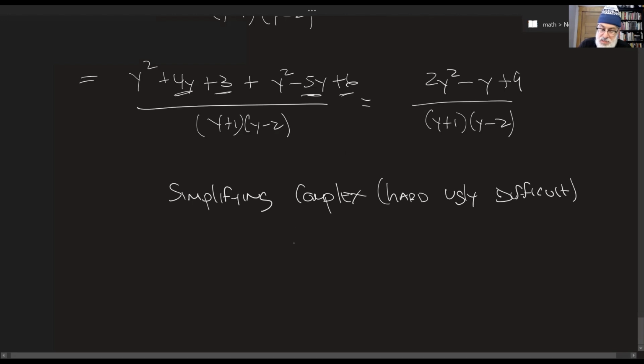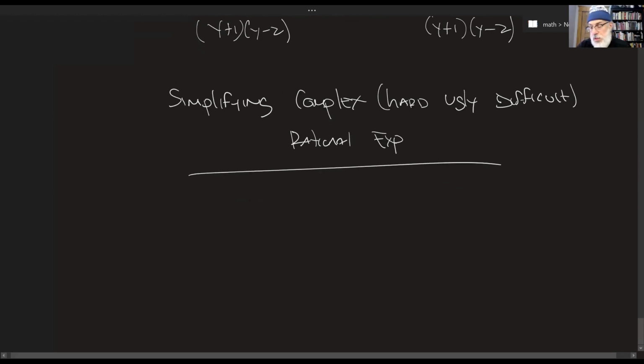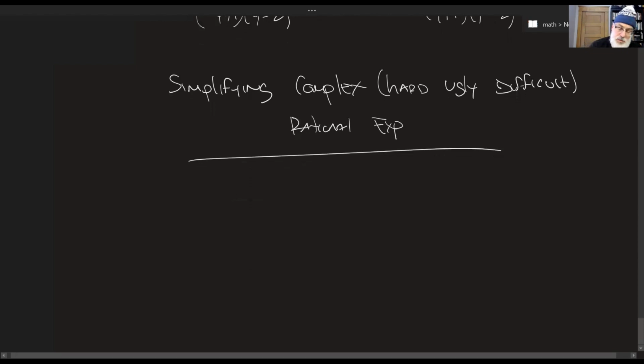Simplifying complex rational expressions means we're just going to look at expressions that are hard or appear hard, appear ugly. And to get us off on the ugly bat here, that made little sense. But I think you get what I meant.